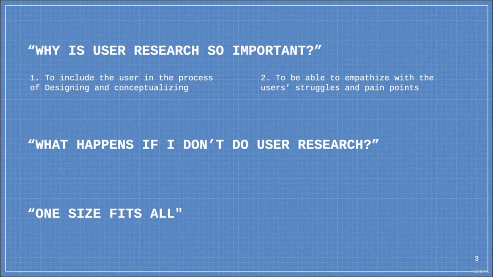The product might not be comfortable for the user to use because false assumptions are placed within the function of the product. The product might also cause confusion for the user. There are so many more instances that you might find yourself facing with the neglect of user design research.